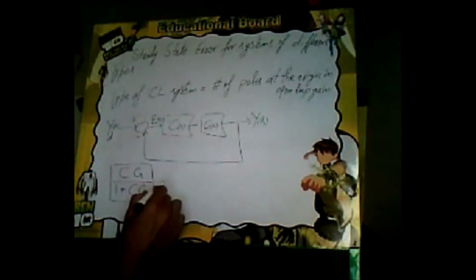For this type of system, the closed loop transfer function is C into G over 1 plus C into G. This is the transfer function between Y desired and Y. So this transfer function has a type. The type of this transfer function is determined by the number of poles at the origin of C into G. If C into G has one pole at the origin, then this system will have type 1.